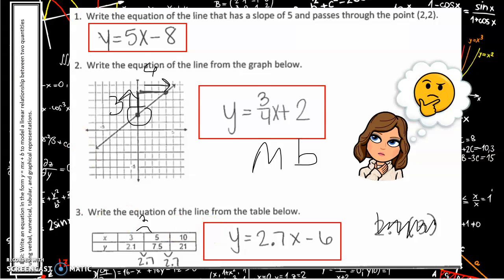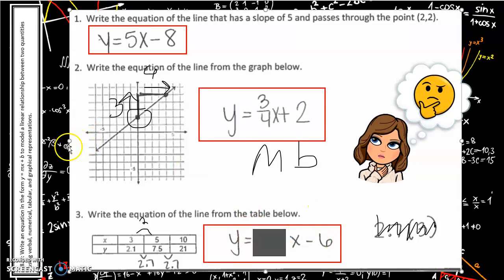Here, let me cover this up. All right. So 2.7 over 2, we would divide that because we want it to be by ones. So 1.35. 1.35 would be my slope.